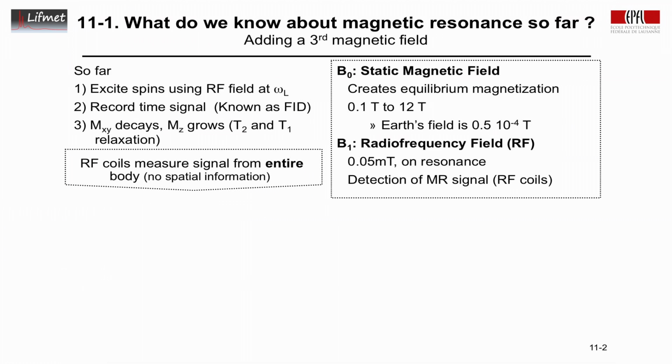We have not introduced, as such, any spatial information. The means of detecting the signal is by observing the precessional frequency, which is the Larmor frequency given by gamma B0 under the influence of a static magnetic field. And we have seen last week, this gives us also additional chemical information.